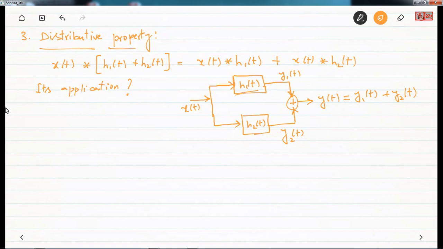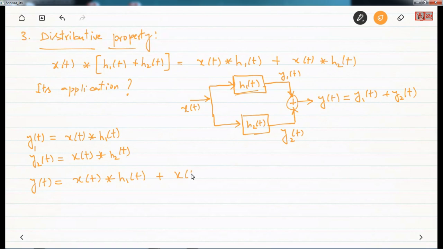So now let us see. y1 of t is x of t convolved with h1 of t, and y2 of t is x of t convolved with h2 of t. So our y of t signal is x of t convolved with h1 of t plus x of t convolved with h2 of t.